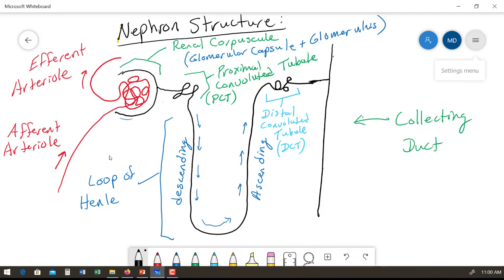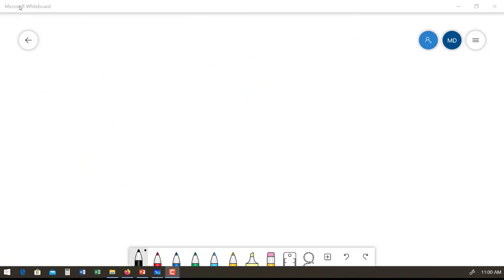All right, so with that, I now want to define a few words that are important for our language as we talk about the kidneys. So here's some terminology that's important for you to know. The first term that you should know is filtration.